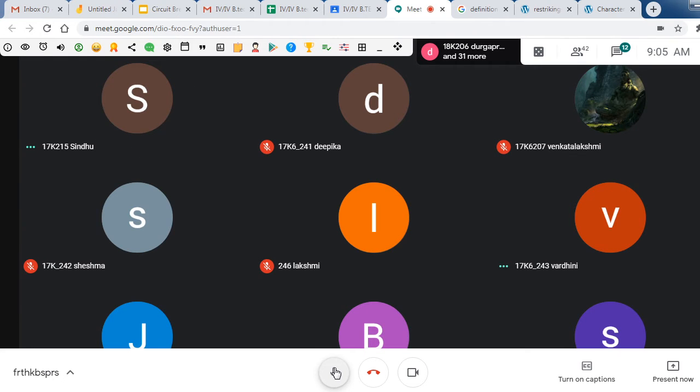So then next, let me ask Deepika. Deepika, my question is, if dielectric strength is more than the restriking voltage at the current zero instant, then what will happen?